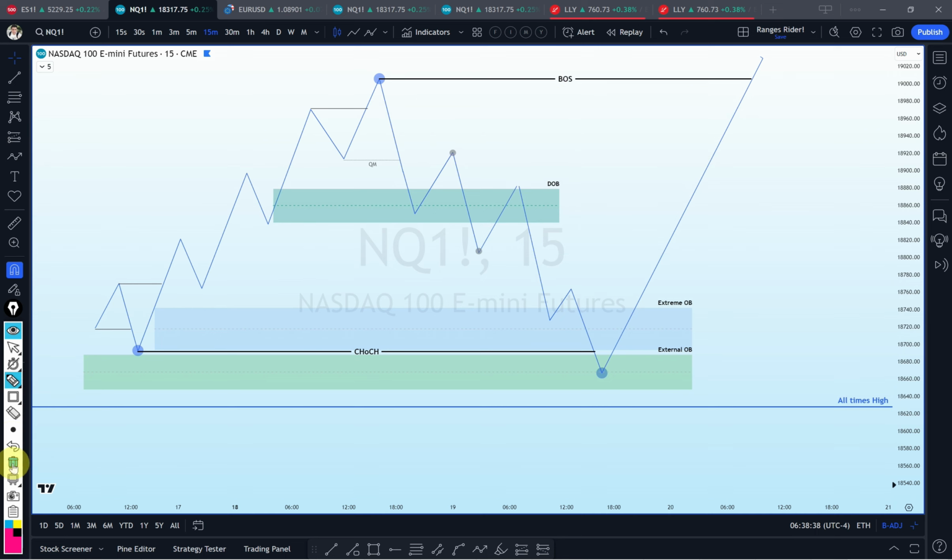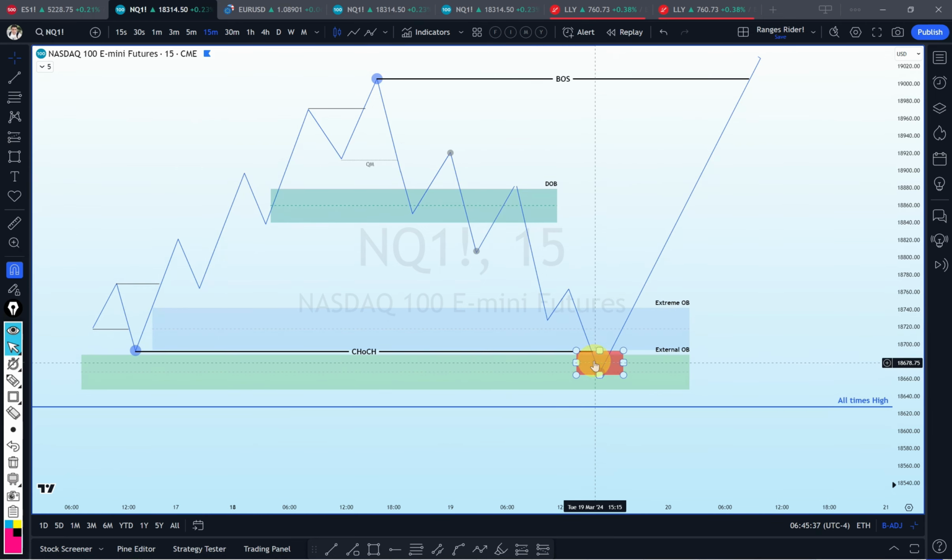Why? Because the market took the liquidity from the external order block, and this turns into, rather than the change of character, we will write this as a change of character. It doesn't mean our marking, we will not write it, we will write it as change of character, but we will not turn bearish because of this change of character if the market takes the support from the external order block, and this will turn into inducement.